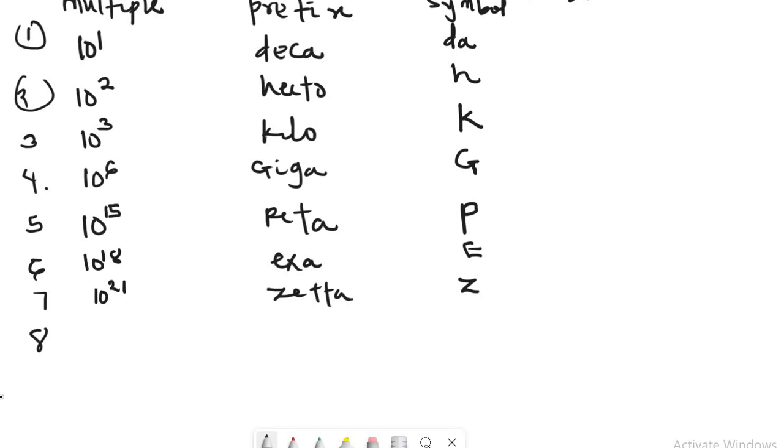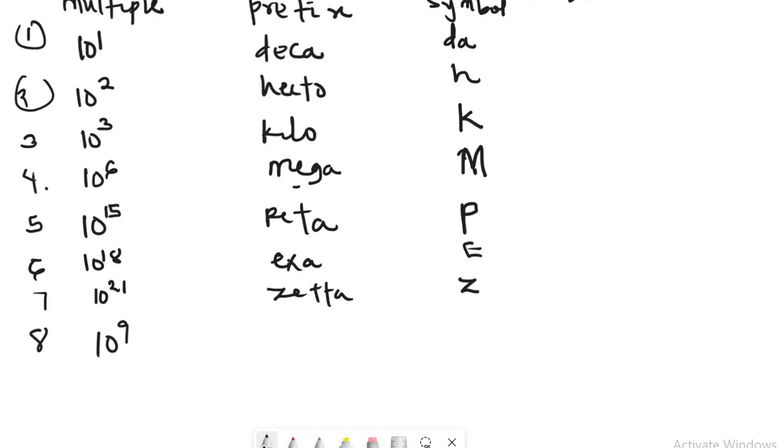Oh, no. 10 raised to power 6 is not giga. Sorry, it's mega. 10 raised to power 6 is mega, the symbol is capital letter M. Okay, I've omitted 10 raised to power 9.